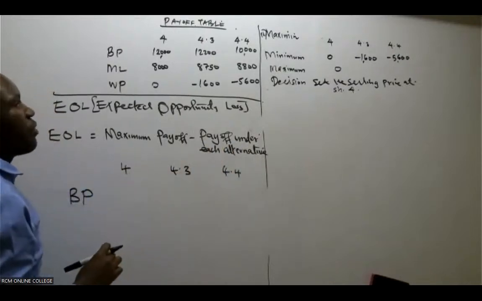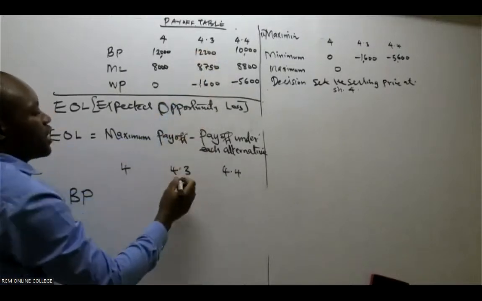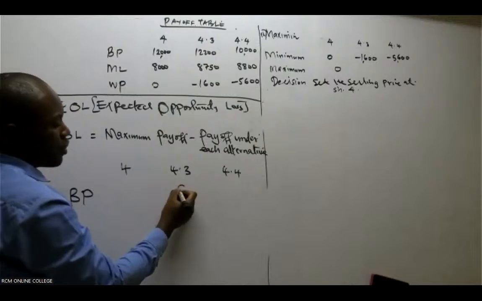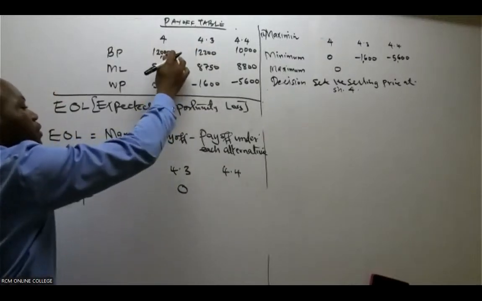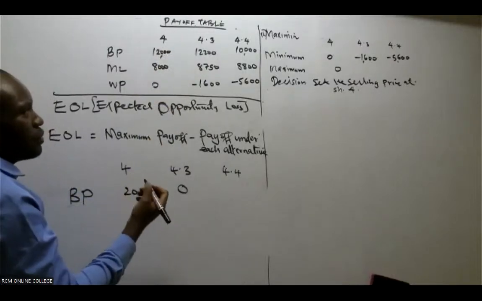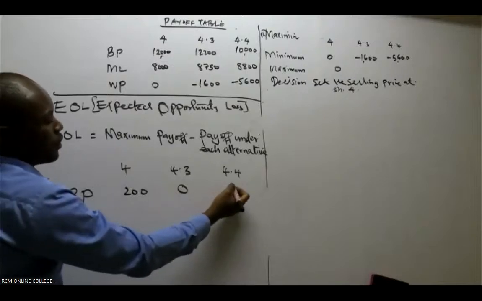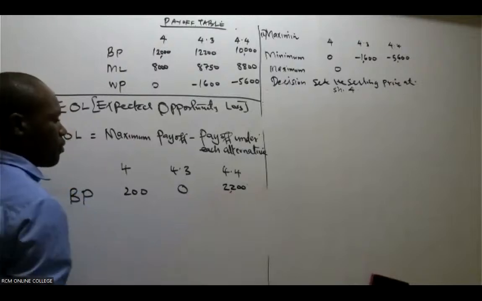When we take 12,200 minus 12,200, we are going to have 0. When we take 12,200 minus 12,000, we are going to have 200. When we take the same 12,200 minus 10,000, you're going to have 2,200.